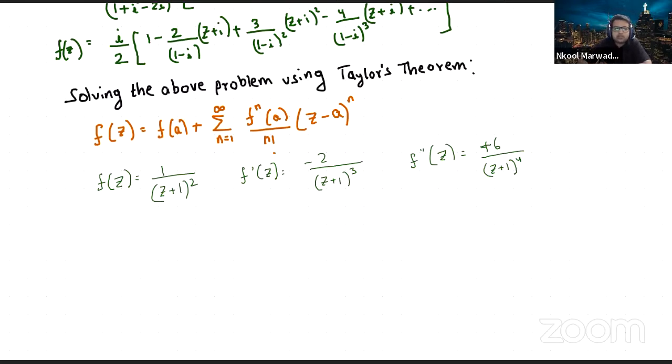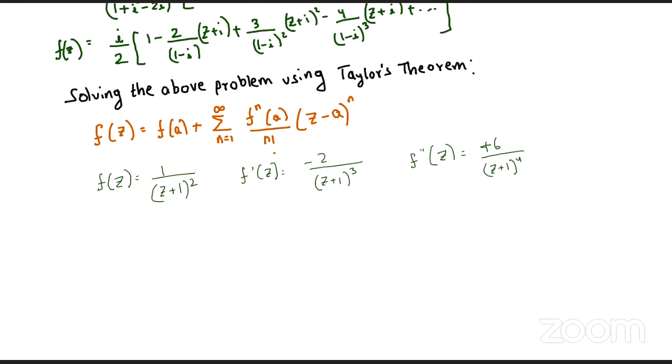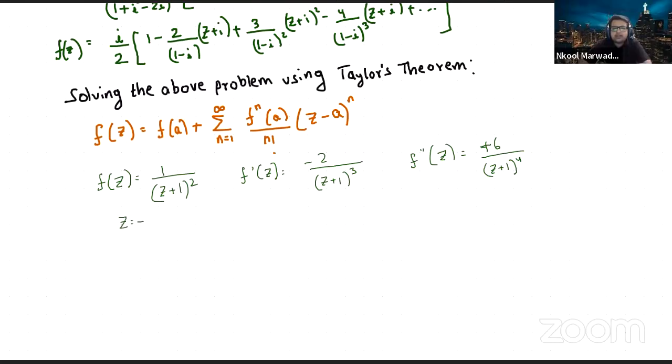Now in the question, it is given that we have to expand this series about the point, and that point is z equal to minus i. And here in Taylor's theorem, this a is the point. So I can say that a is equal to minus i.